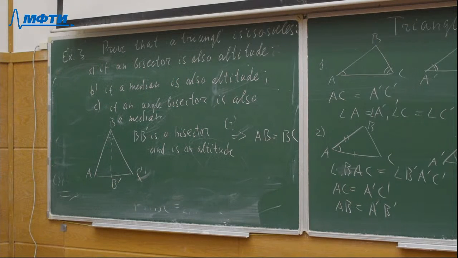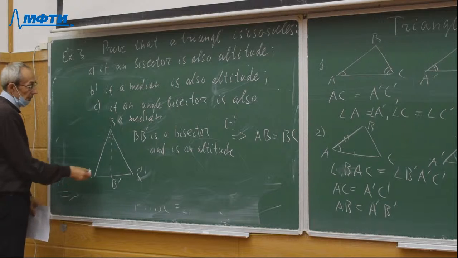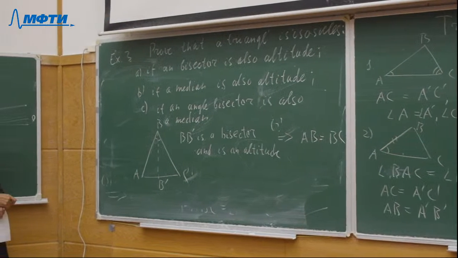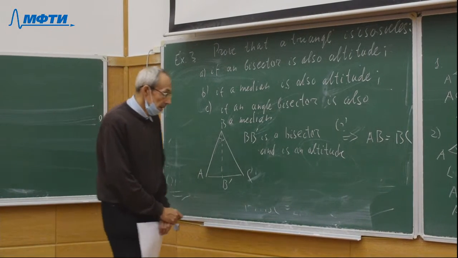Okay. Let's try to prove, for example, that the triangles ABB prime and CB prime B are equal.